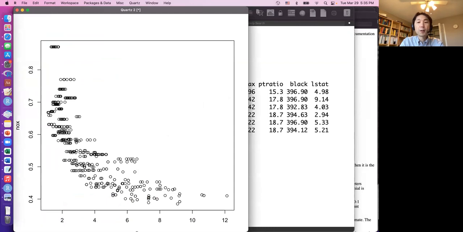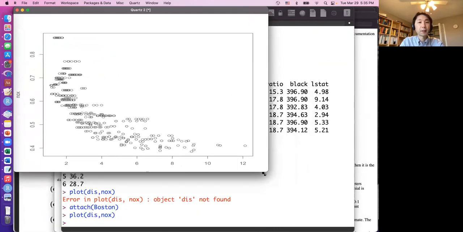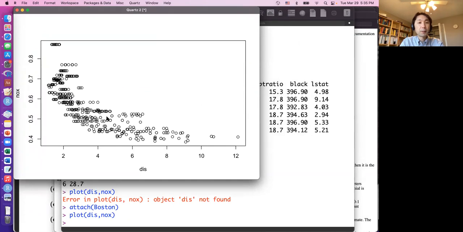Then you can see the nonlinear relationship between X and Y. The first observation is probably that we want to transform NOx, for example, to log scale. Also, you can see the distance is skewed to the right, with a few observations on the right-hand side and many observations on the left-hand side. So the natural instinct is to transform both variables by log.